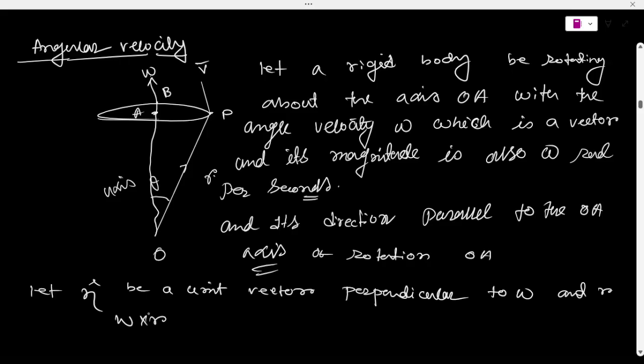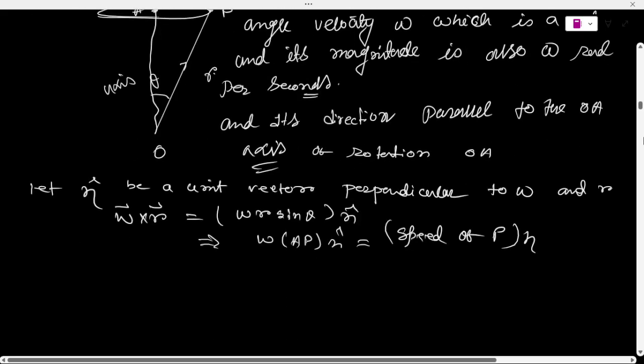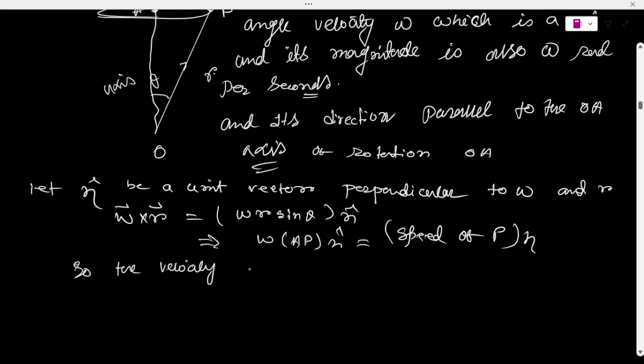So omega cross r, what will it be? It will be omega r sin theta, equal to omega AP n cap, equal to the speed of P. So the velocity of P is perpendicular to omega and r.